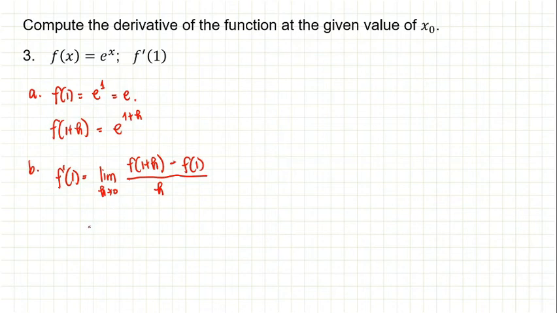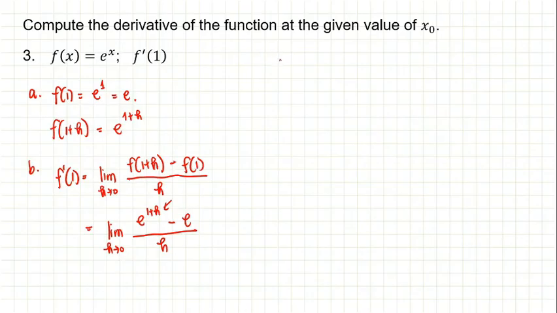So from that, we will now have the limit of e to the power of 1 plus h minus e all over h as h approaches 0. Okay? Now, take note, e to the power of 1 plus h, we can separate that one. Take note from the laws of exponents.